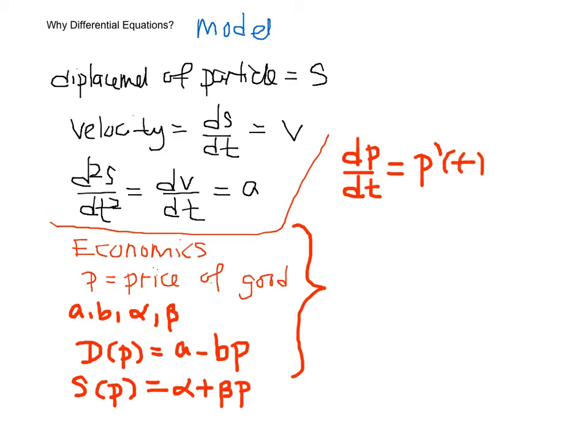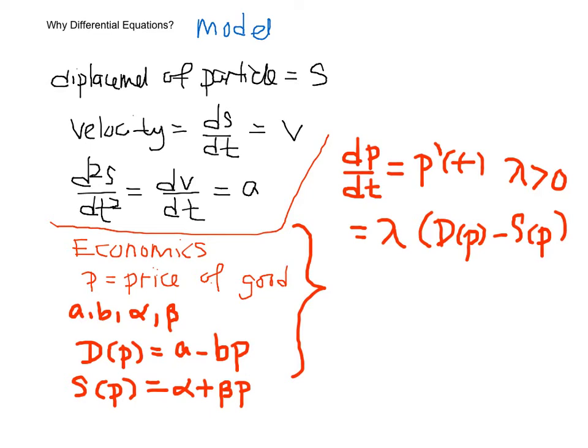The definition of this is the difference of the demand function and the supply function, times another coefficient. The coefficient lambda here is supposed to be positive, and we don't really care about what a, b, alpha, beta, lambda are, we just need to know the idea. This is a definition by the economists, and this is actually a differential equation.